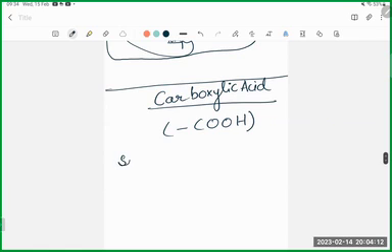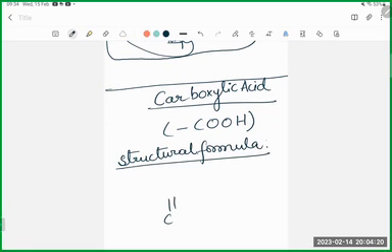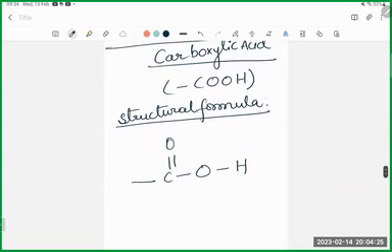What would be the structural formula of the carboxylic acid? How will it be represented? So for the structural formula we take the carbon double bond oxygen, oxygen single bond hydrogen over here. So what you can see over here, we have around the carbon 4 sticks maintained at any cost, and around oxygen 2 sticks. So all these sticks represent their valency, very simple.